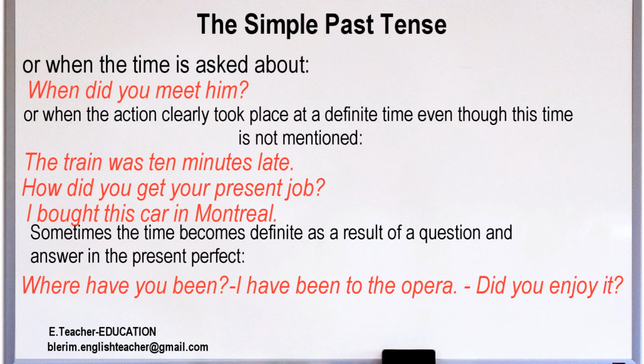Now again, here the time becomes definite, but the time is not mentioned. I mean, we use the question when you were, but in the third sentence here at the end, did you enjoy it? Not enjoyed, but enjoy, because the verb turns back to the base form. And did you enjoy it? Here we use it together with the present perfect.